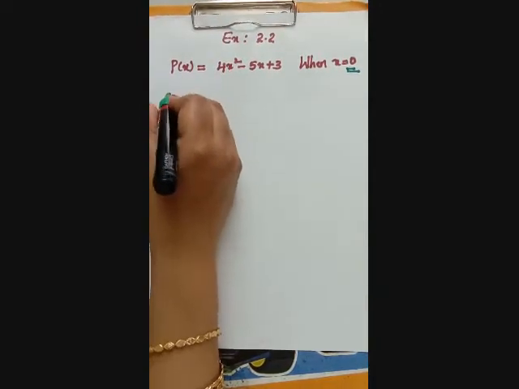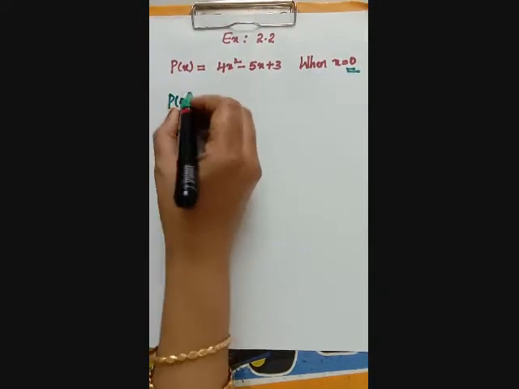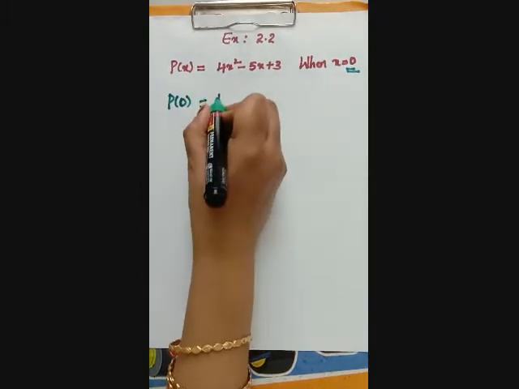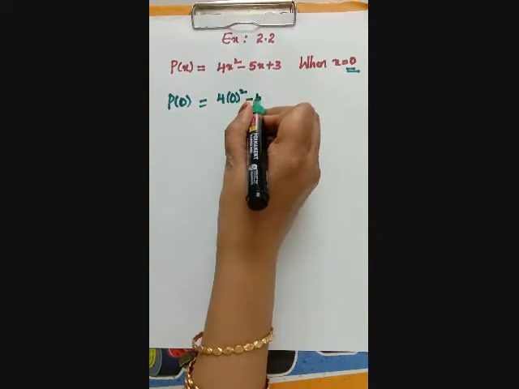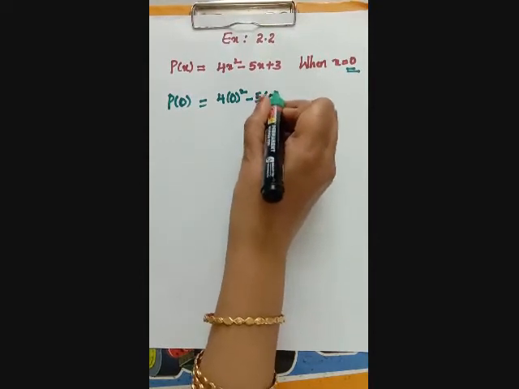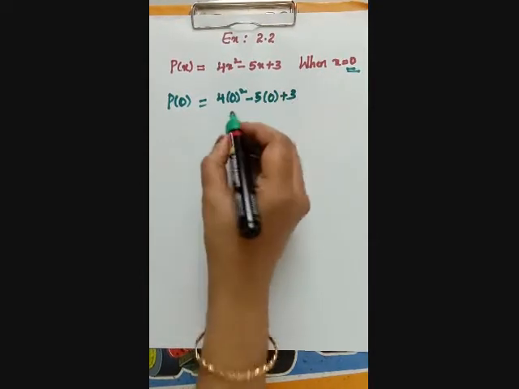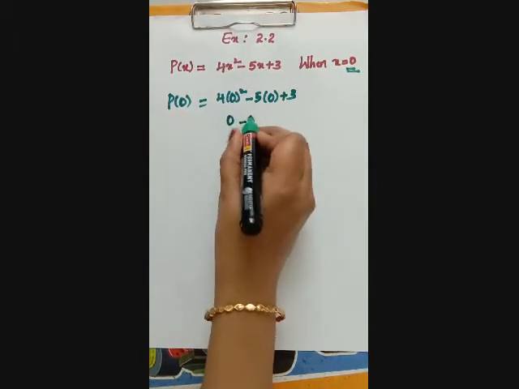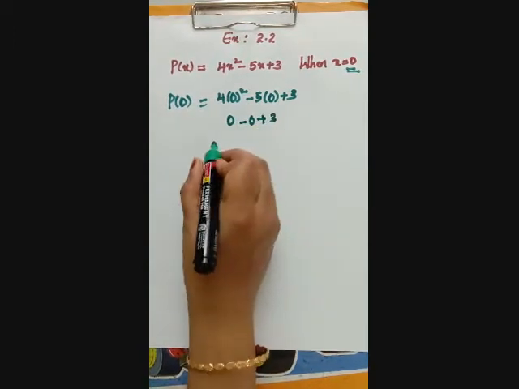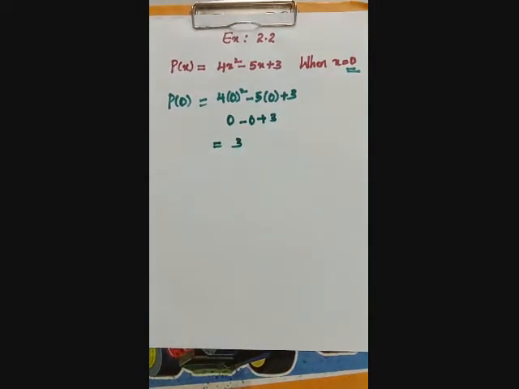That means in the place of x I am going to substitute 0. That is 4 into 0 square minus 5 into 0 plus 3. Anything multiplied by 0 is 0, so minus 0 plus 3. Answer is 3.